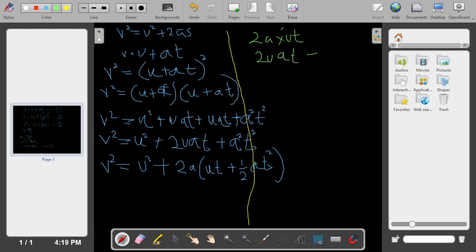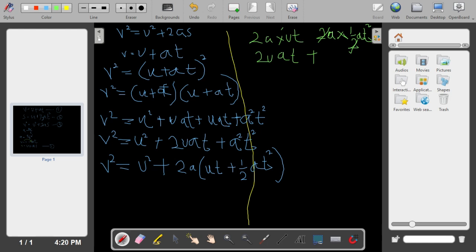Then plus, if I multiply 2a by half at squared, then it means that this cancels this. Then you have a times a, which gives you a squared. So that's how we came about that section.